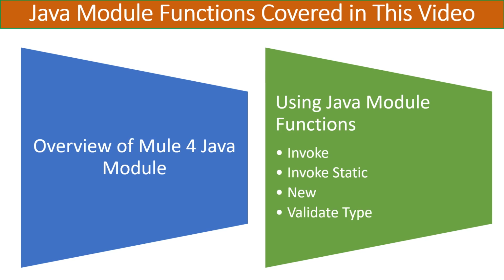Rather, you want to reuse or utilize the existing code. So that is one case where you will prefer to let your Java team implement the Java code, and you will simply get that embedded or integrated into the message flow. And for that purpose, you will use available functions from the Java module.